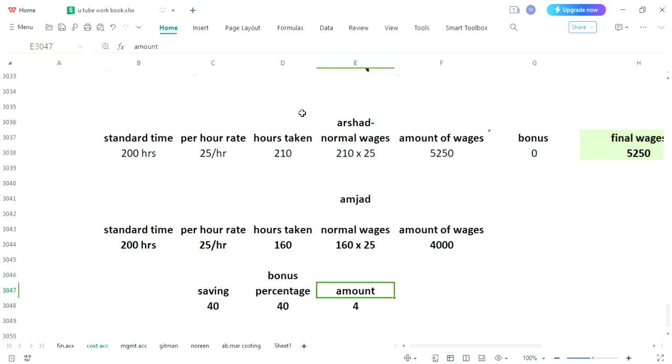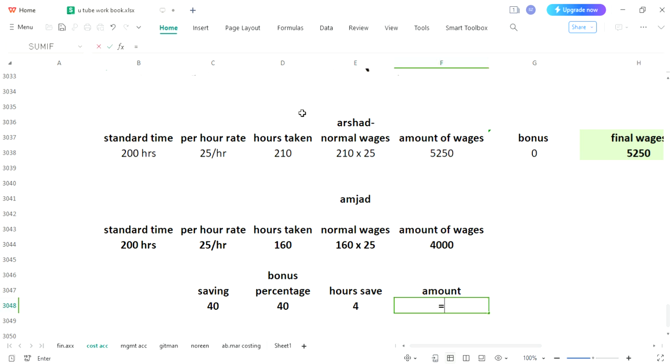So these are the hours saved, and here you will calculate the amount. And how will you calculate the amount? Hours multiplied by per hour rate.